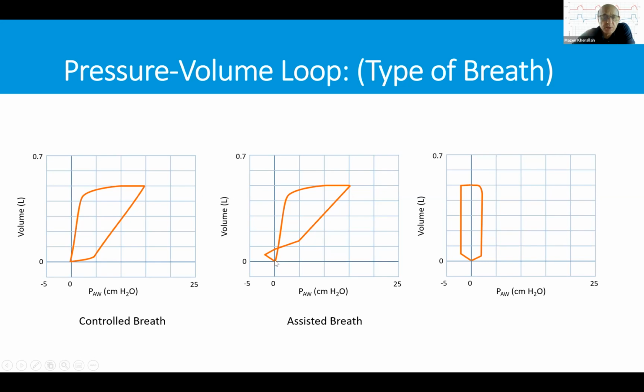This is the 0 point. You can see the decrease in the pressure here, and by decreasing the pressure, we moved some volume, and then the machine is triggered. So this is an assisted breath, started by the patient, assisted by the ventilator. Compared to this, you see the decrease in the pressure, but you don't see any positive pressure. This is a spontaneous breath.